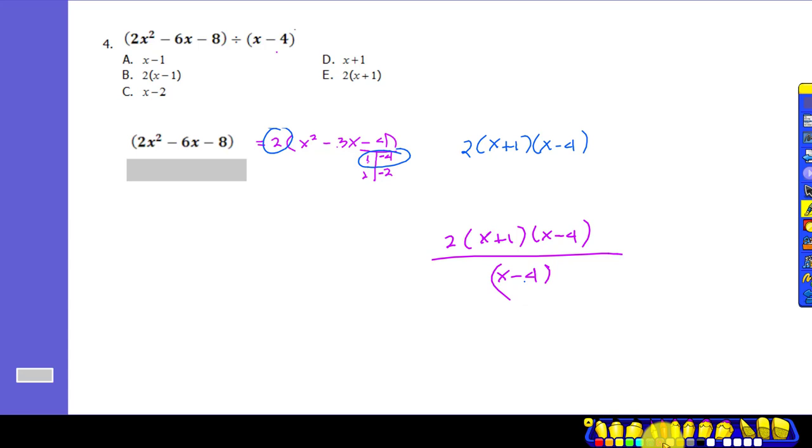Before I forget, the x minus 4 in the denominator, you might see in our test or in your SOL test, they will say that your x will not be equal to 4. You will see this one as a restriction. Okay, this is just an information that your x will never be equal to 4. Why? Because if x is equal to 4, what's going to happen to this?